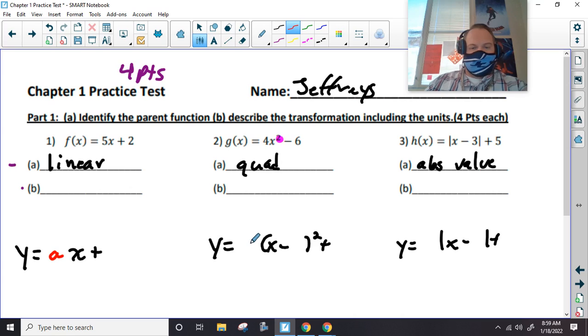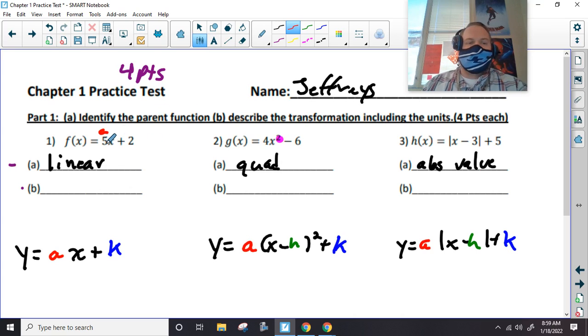All right. So A's go here. And this will be on Schoology later for you. I know everybody checks that out. So in this one, we have an A. It's 5.